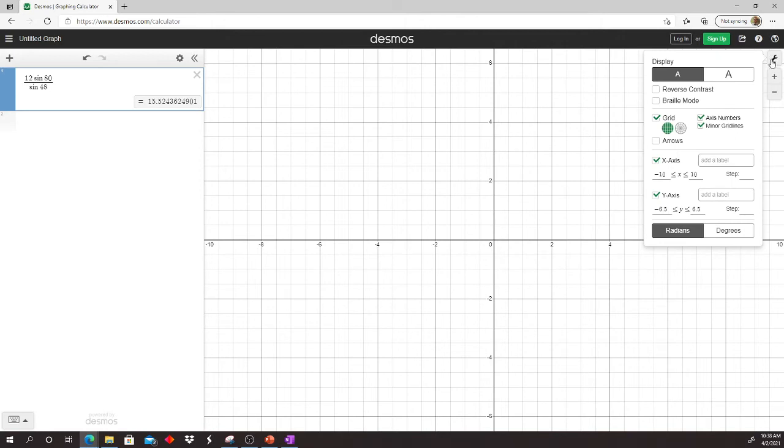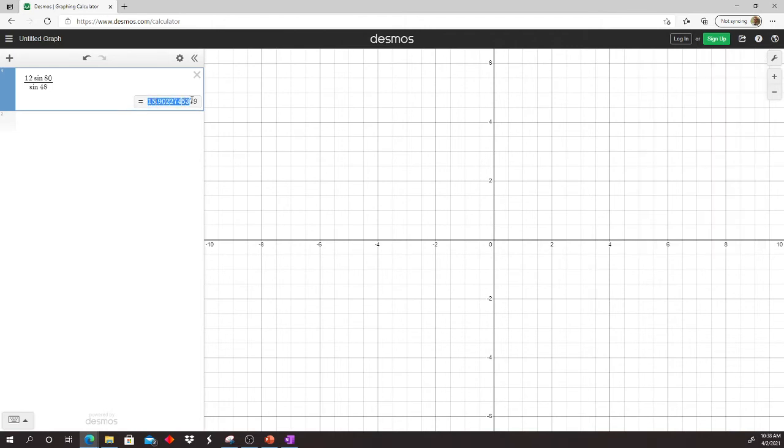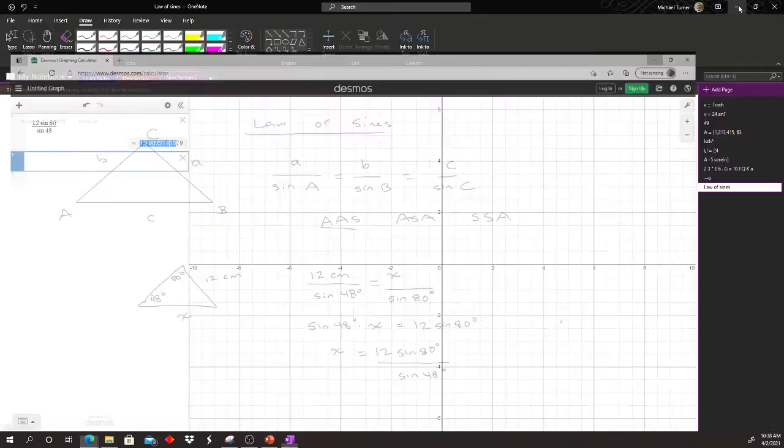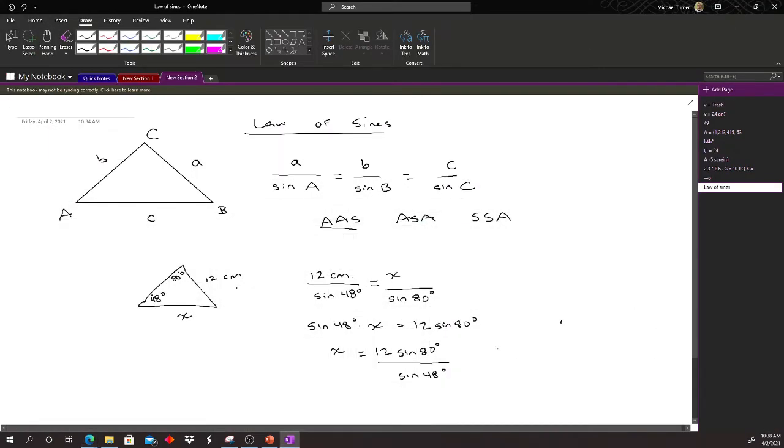So if you click the little wrench in the top right, you need to go down to degrees if you're using Desmos. Here it ended up being about the same, but still, just make sure it's in degrees. We end up with 15.902. So our answer here for the missing side is 15.902 centimeters.